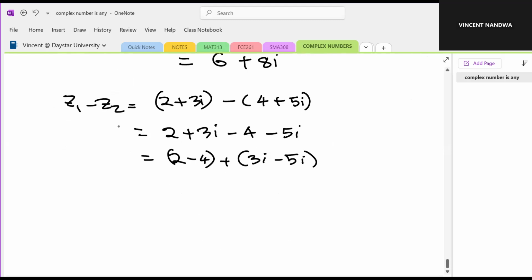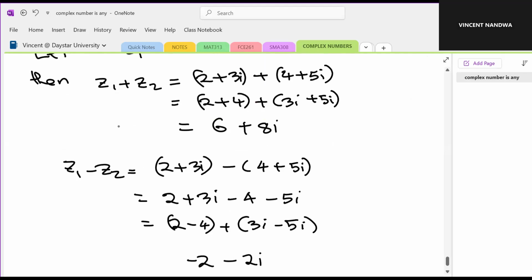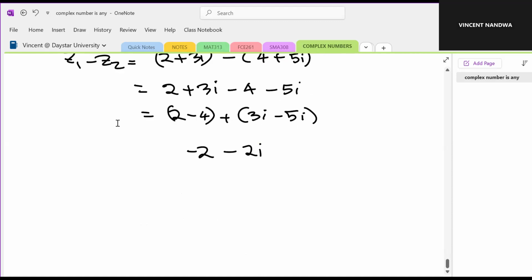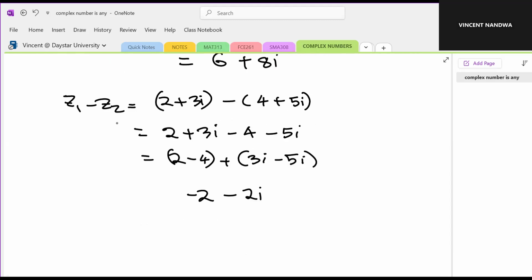So that will give us minus 2 minus 2i. So that is what will give us Z1 minus Z2. Or we could have simply said 2 minus 4 to get minus 2, the real part, and then 3 minus 5 to get minus 2i, the imaginary part. And then Z1 times Z2 will be 2 plus 3i times 4 plus 5i.